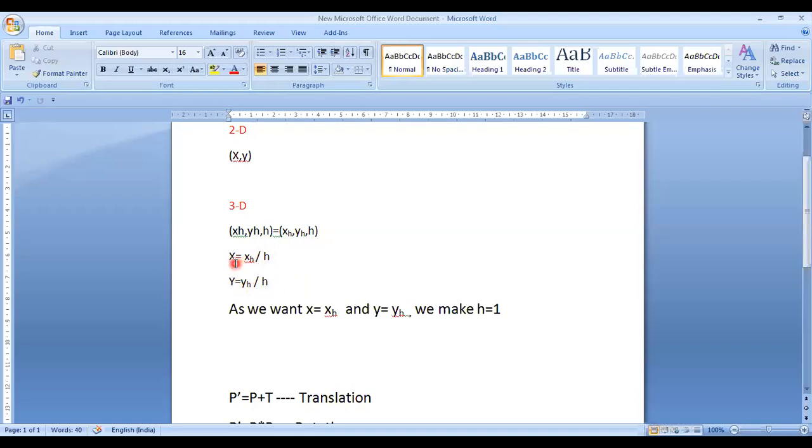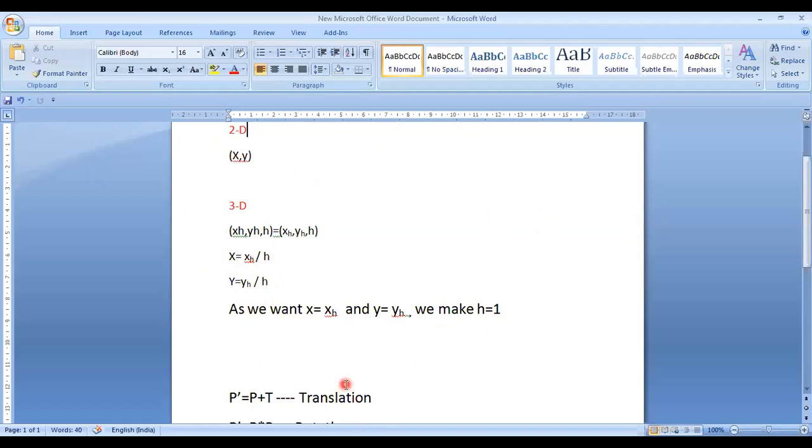Now, if I want my new coordinate xh to be equal to x and yh to be equal to y, what should happen? This h should be equal to 1. As we want x equal to xh and y equal to yh, we make h equal to 1. That means the third coordinate which I am using, I will always treat as 1. So that is the concept of the homogeneous coordinate system.